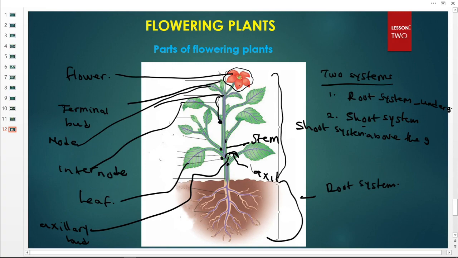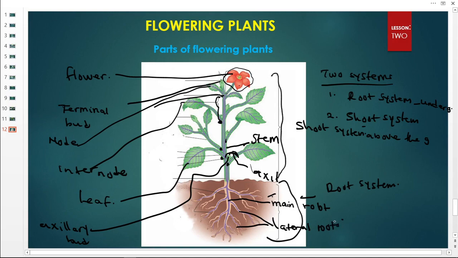Then from there we have roots. This one is the main root, which is also called the taproot. Then these other roots at the side we call the lateral roots.